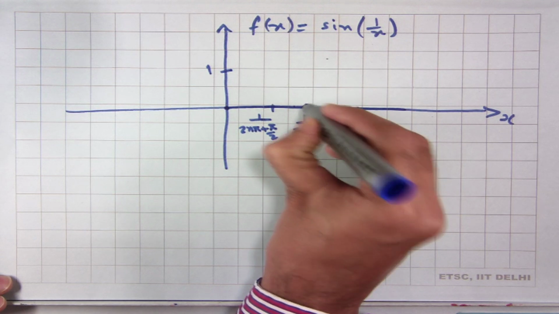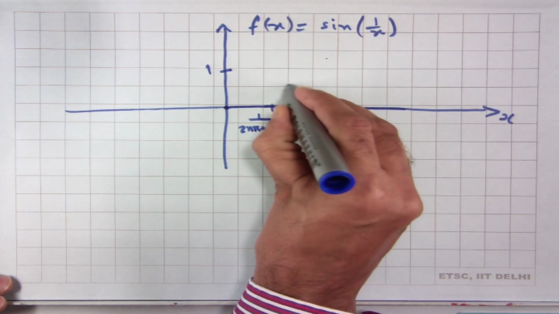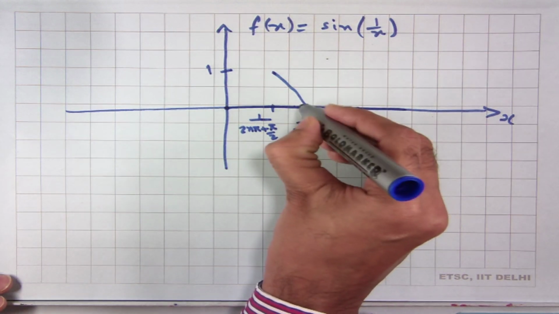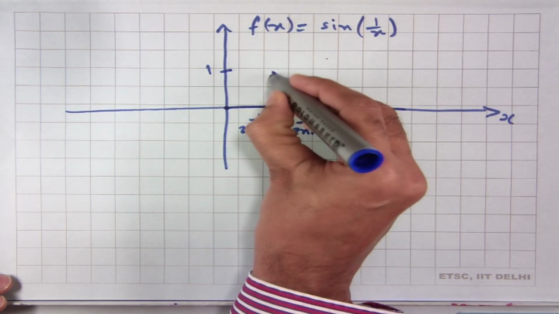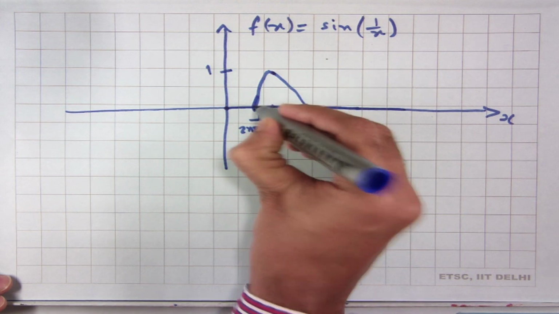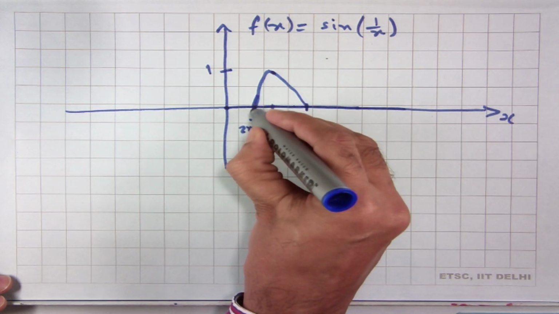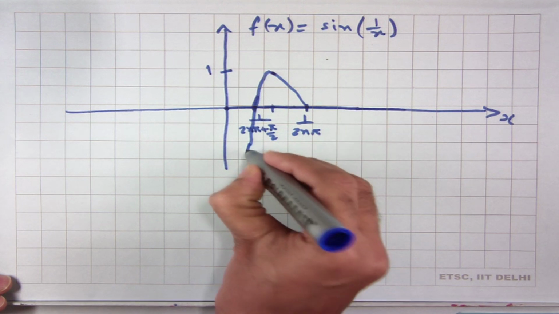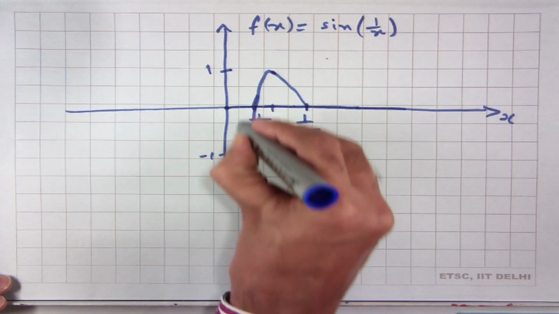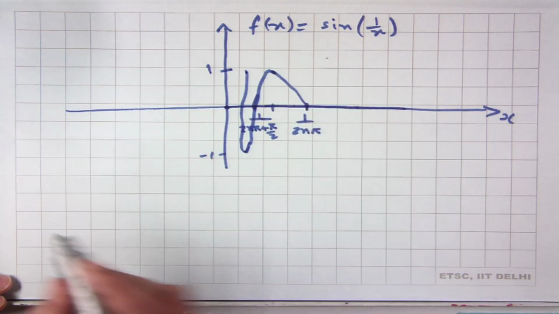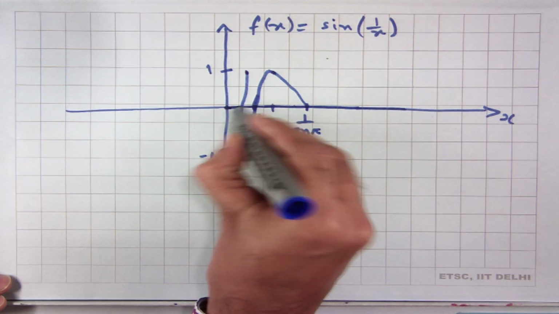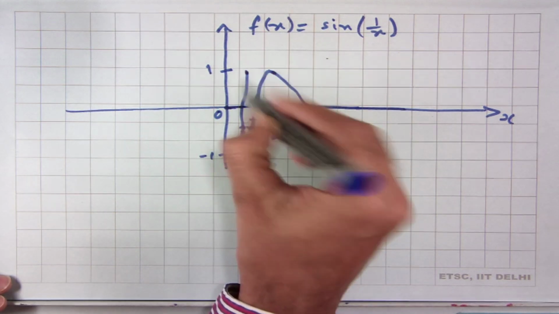So, this takes all the values from 0 to 1, and then again at 1/(2nπ + π), it becomes 0 again, and then it again goes to −1, then it again goes to 1. So, as you go near x equal to 0, this keeps oscillating.